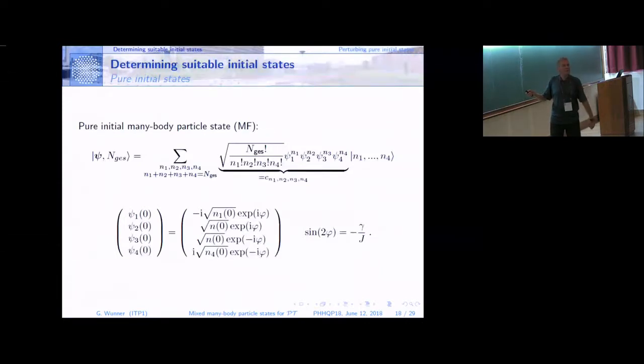You can distribute these 22 particles as you will into these Fock states, and the superposition then gives you a total wave function corresponding to 22 particles. In the case of 22 particles, the Fock space already has a dimension of 2,200. That's the reason why it didn't go to higher numbers, because this becomes awfully difficult. The coefficients at the beginning depend on the number of particles that you put into the individual wells, and again, we have this phase relation that we still inherited from the two-mode problem.